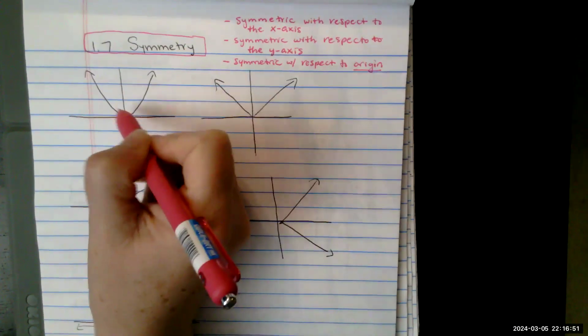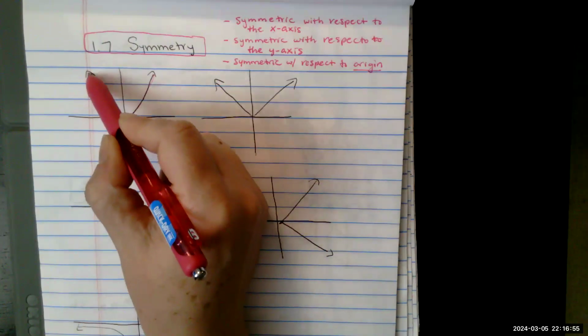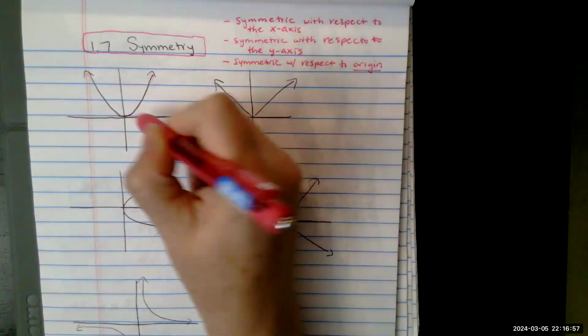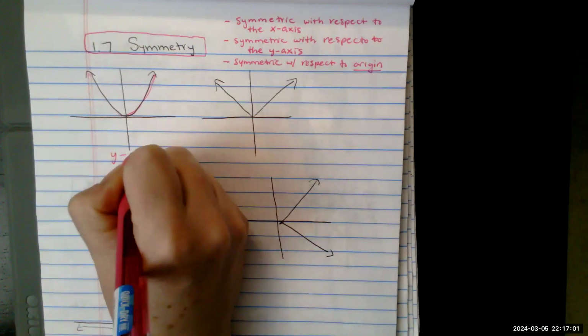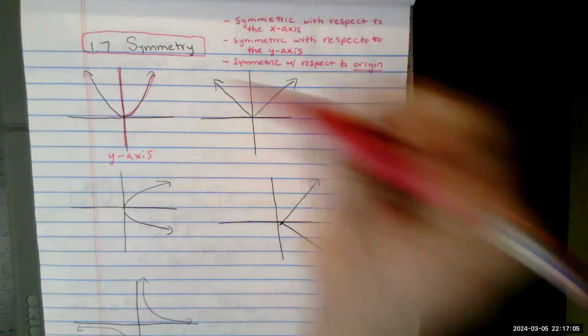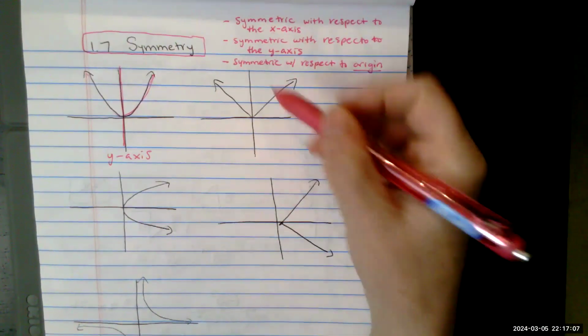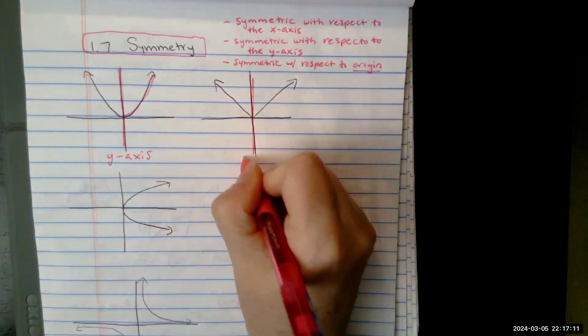So this graph, if you see, this side is the exact same as this side. So if I had drawn this and then flipped it over, I would get this. So this is with respect to the y-axis, because it's the y-axis that it would have been flipped over. So this one, same thing, right? That side got flipped over to there.